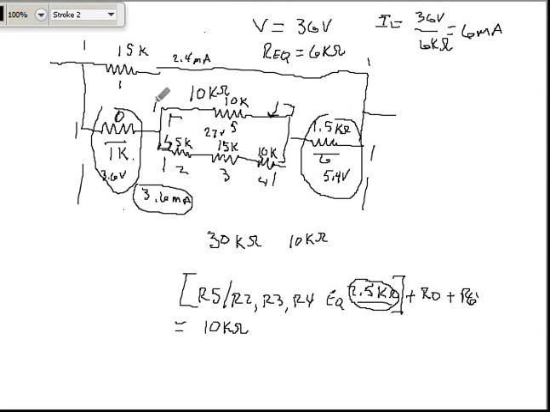And I know I've got 27 volts across this network here. So the 10K ohm resistor has got 27 volts across it. So what's the current at that 10K ohm? Well, I think it's going to be 2.7 milliamps. 1 over x times 27 equals 2.7 milliamps.